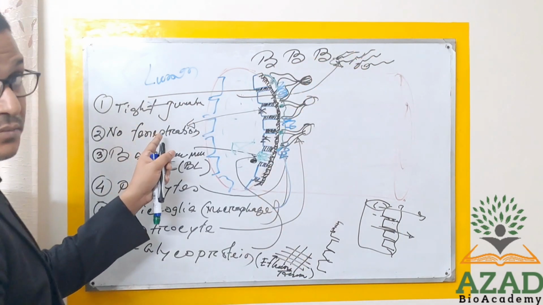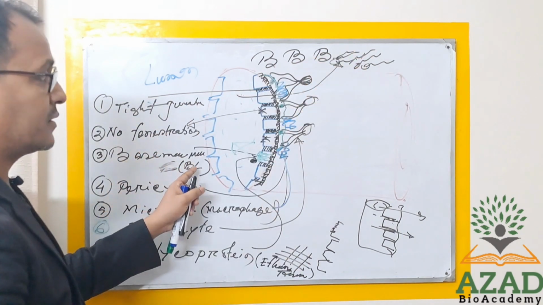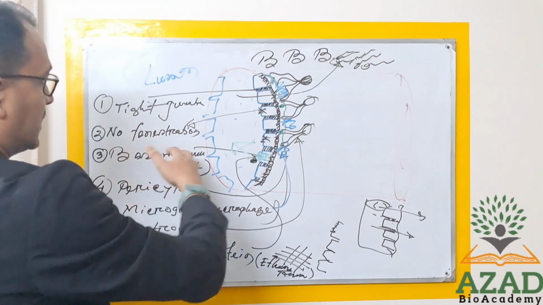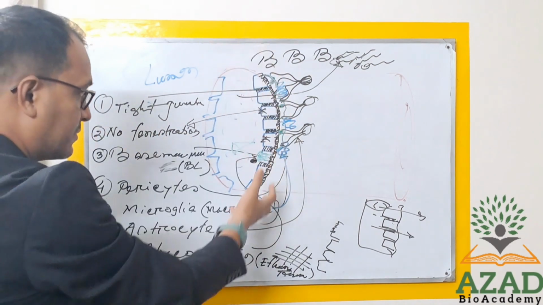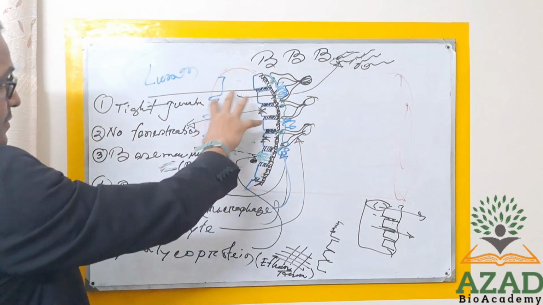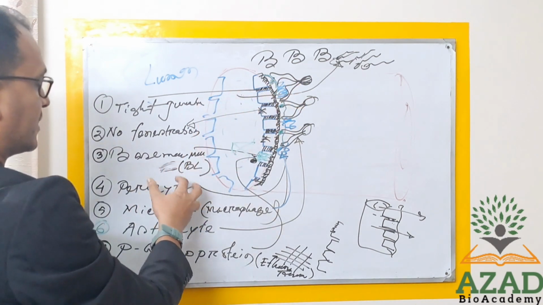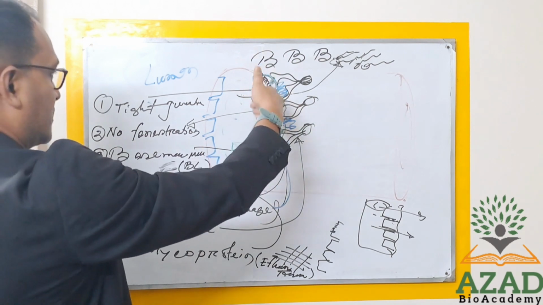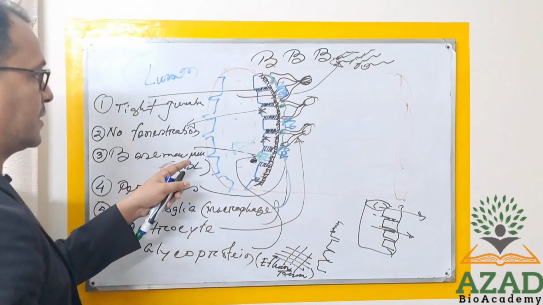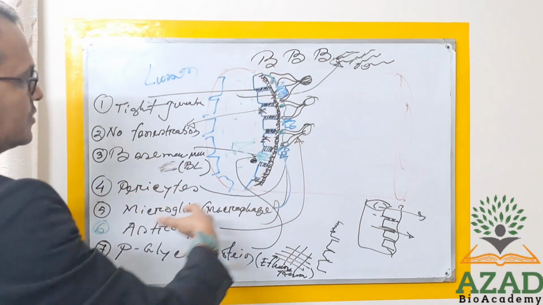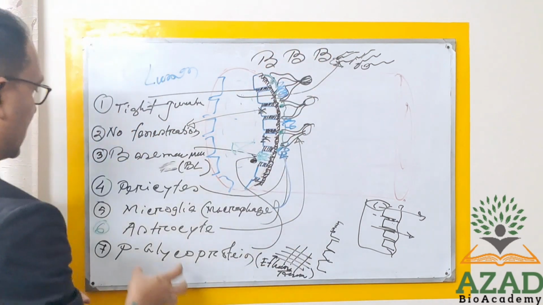The continuous basement membrane can also act as a barrier, and the pericyte wraps the basement membrane, so basement membrane and pericyte are also components of the blood-brain barrier.